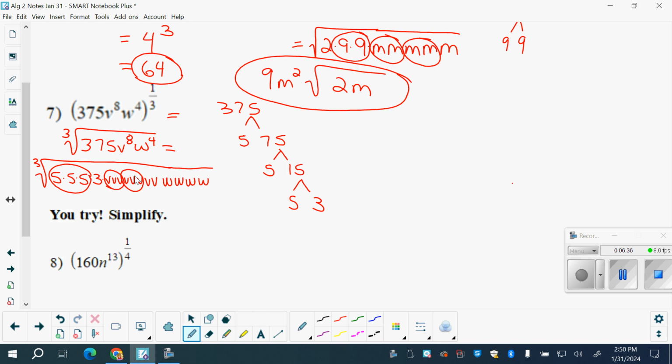And then we have 3 W's. So then on the outside, we get 5 V, 2 groups. So that's V squared W. Remember to put the 3 there in the radical. And then what's left on the inside is 3V squared W.